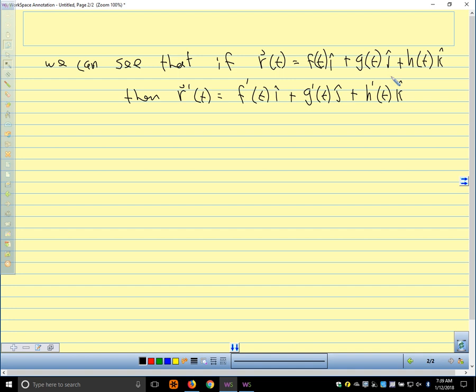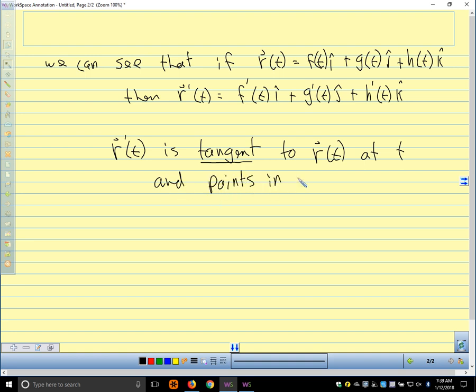And this is true as long as f, g, and h are differentiable. r prime of t is tangent to r of t at the point t, and points in the direction of increasing parameter.